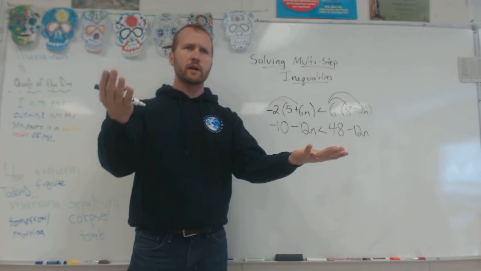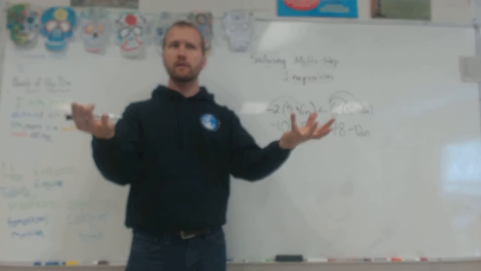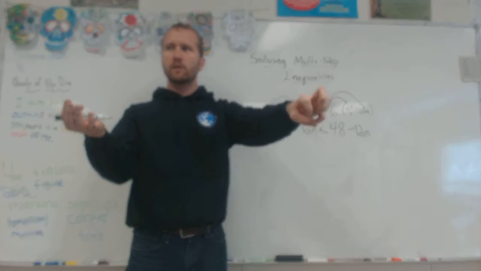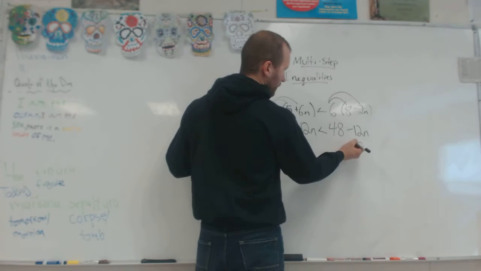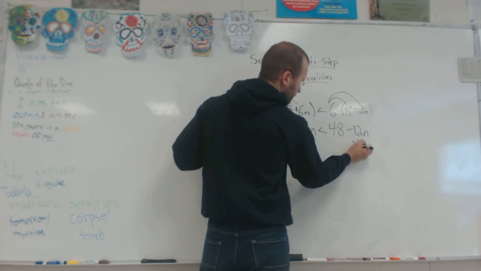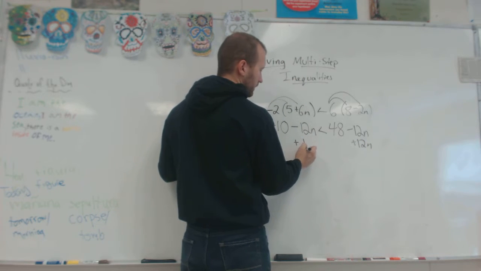Negative 12n over here and negative 12n over here. I want to get them off of one side, so I'm getting rid of the negative 12n. In other words, what I'm doing is I'm adding 12n to both sides.